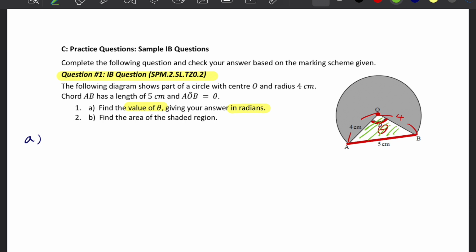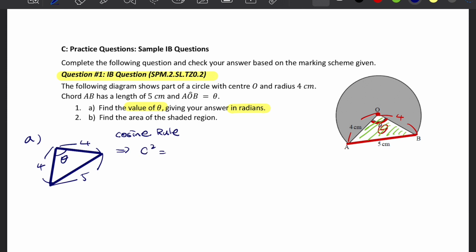This is actually a triangle, right? So I'm going to redraw the triangle. I know that this side is 4, this side is 4, and this side is 5, and there's angle theta. You can see that this triangle has no 90-degree angle, so we can use the cosine rule, which is c squared equals a squared plus b squared minus 2ab times cosine c.